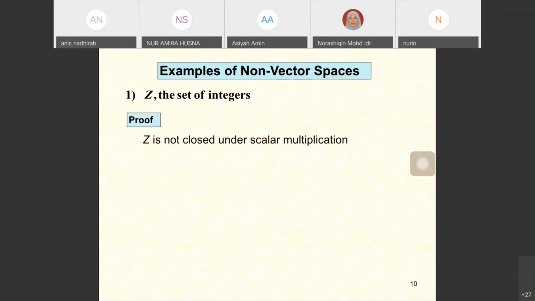It means you take a scalar, we times with an integer, it is not an integer. Remember, C can be any reals.